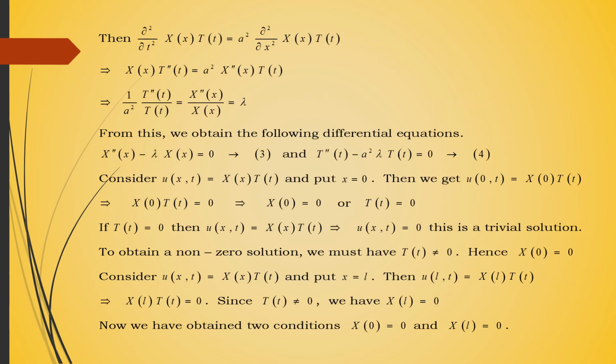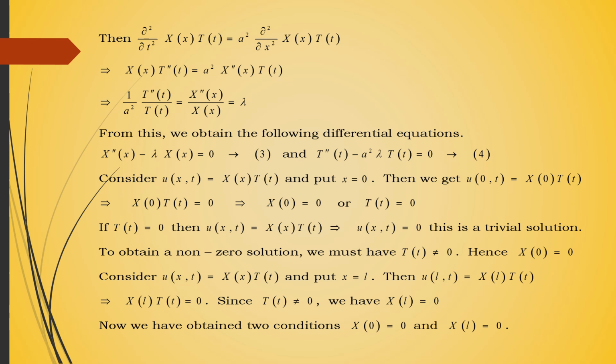In the method of separation of variables, we have taken that u of x comma t equals X of x times T of t as a solution of the given one-dimensional wave equation u sub tt equals a square u sub xx. U sub tt means dou square u by dou t square.